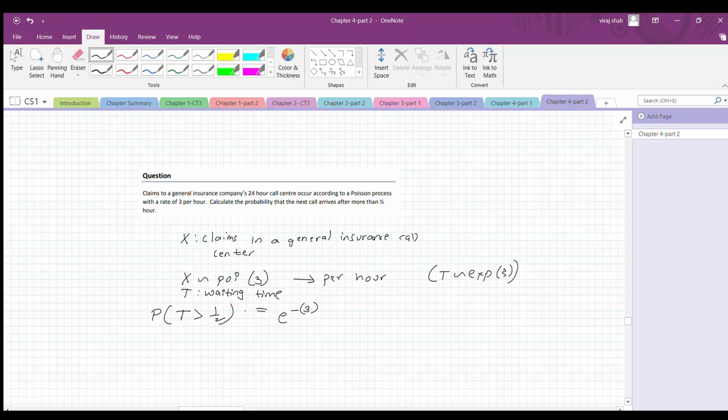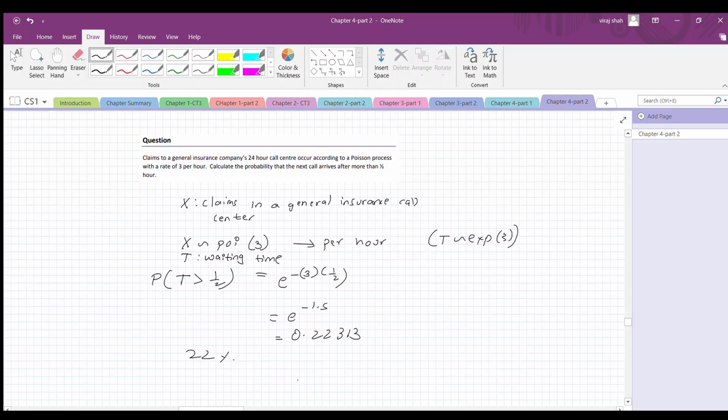What is my x? X is half, which is nothing but e raised to minus 1.5. If I substitute this in my calculator, I'll get my probability as this. So this means that there is a 22% probability that I do not receive a call for more than 30 minutes. Okay.